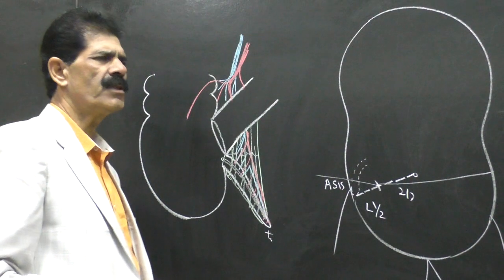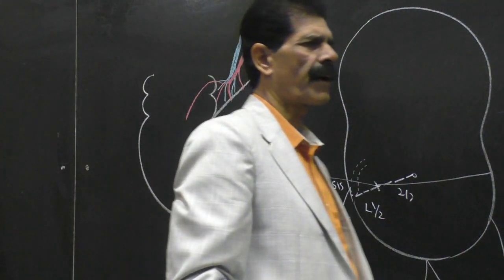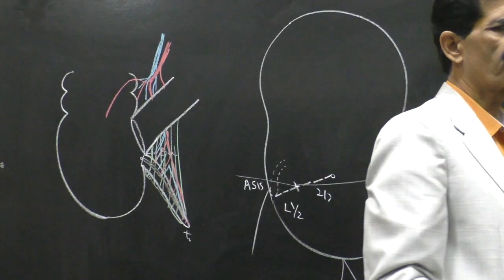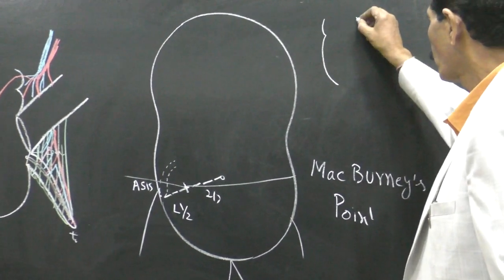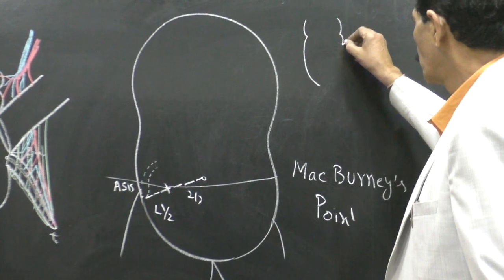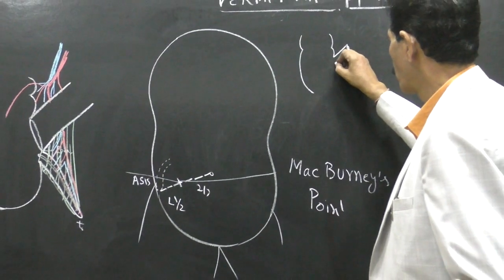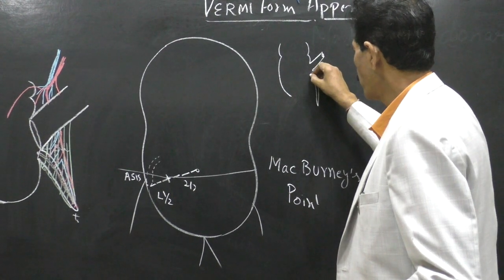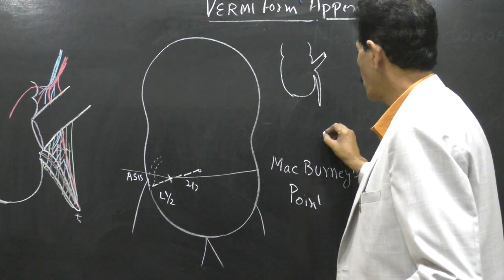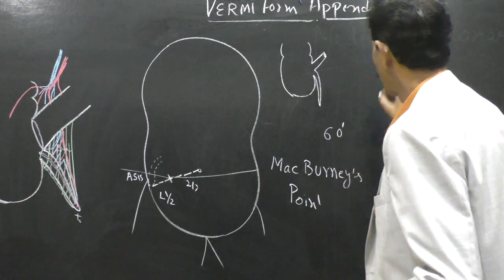The various positions of the appendix are described according to its morphology. The most common position of the appendix is called the 6 o'clock position.